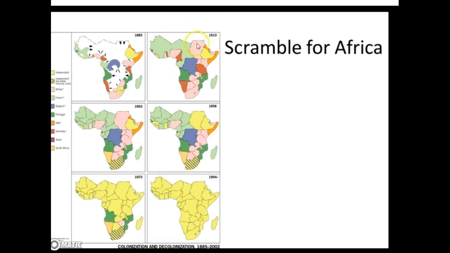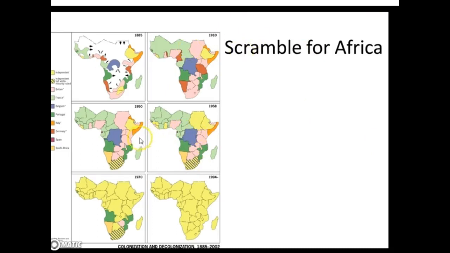By 1910, literally the entire continent had been subdivided among these powers, with a notable exception being Ethiopia, which remained independent, in part because of its natural fortress-like mountainous terrain.